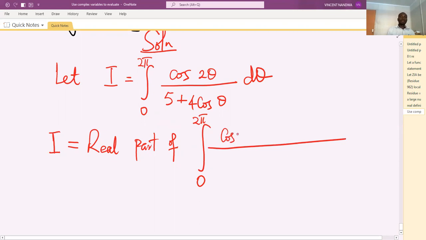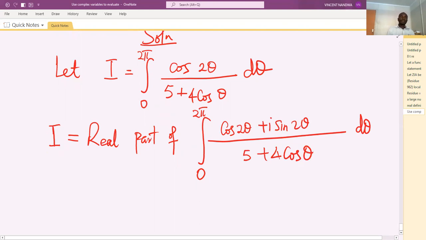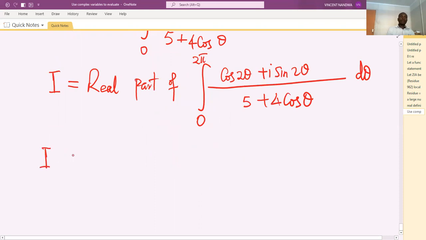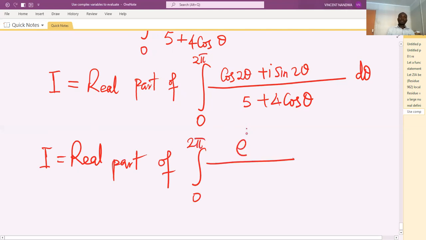So cosine of 2 theta plus i sine 2 theta, d theta over 5 plus 4 cos theta. And by Euler's identity, I will be given by real part of the integral of e raised power 2 theta i over 5 plus 4 cosine of theta d theta.